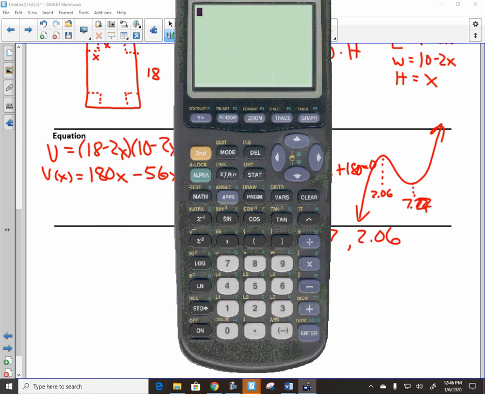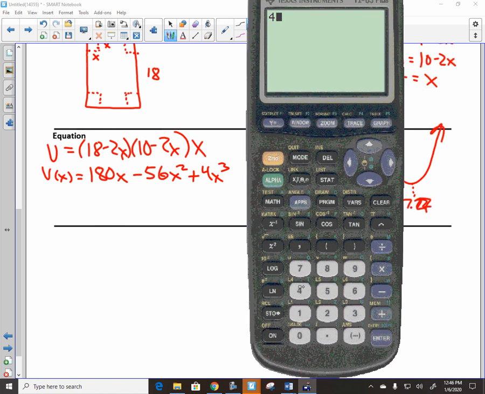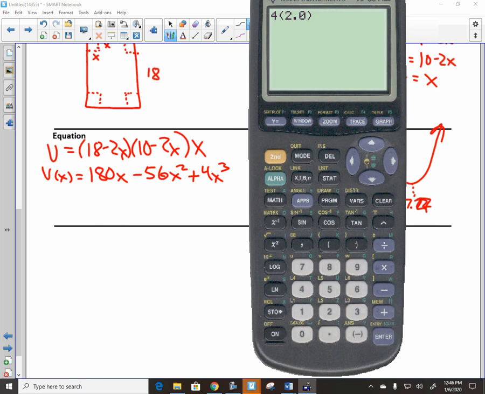We've got 4. 2.06 to the third minus 56 times 2.06 squared plus 180 times 2.06. Do I have it right now? 168.13.